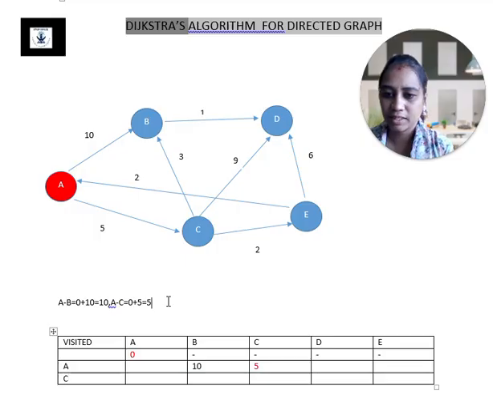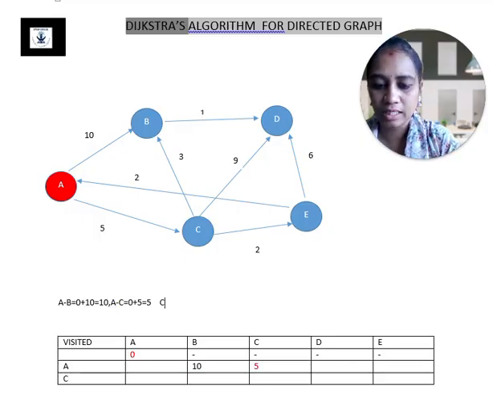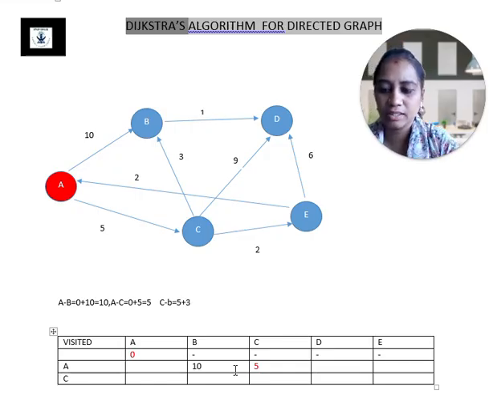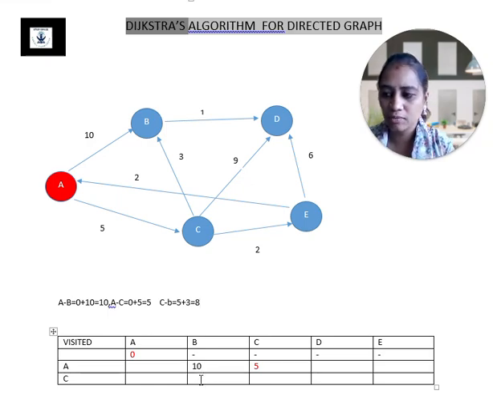5, right? So first I'll write C to B. The cost of moving from C to B: the C value is 5, 5 plus 3 for B equals 8. What was the previous value of B? The previous value of B was 10. So now it is 8.